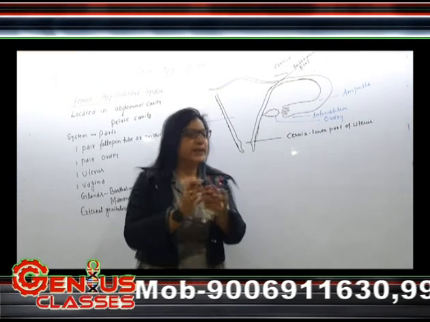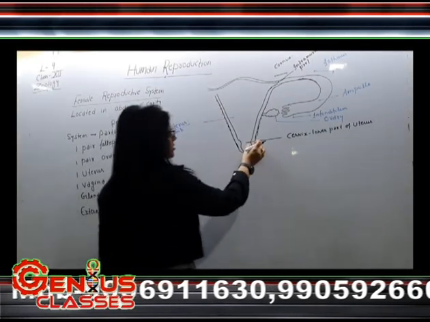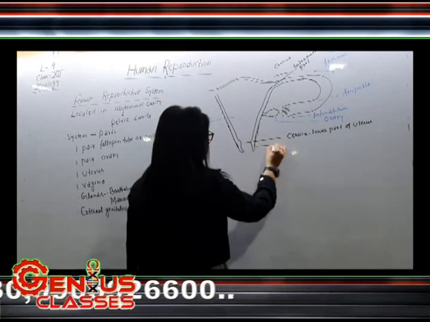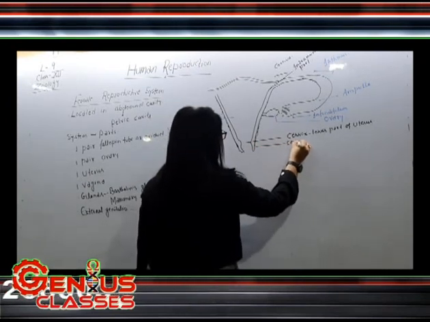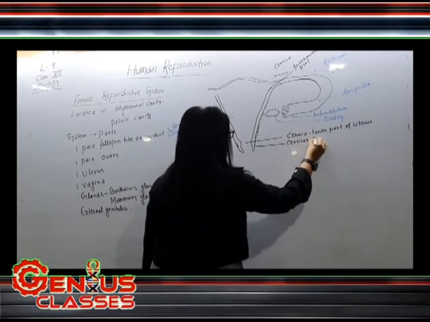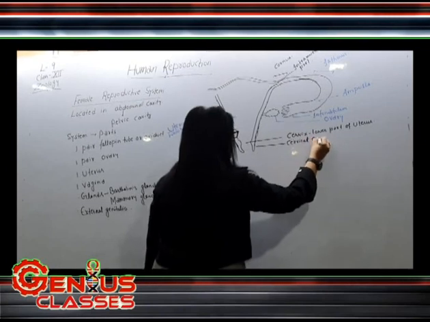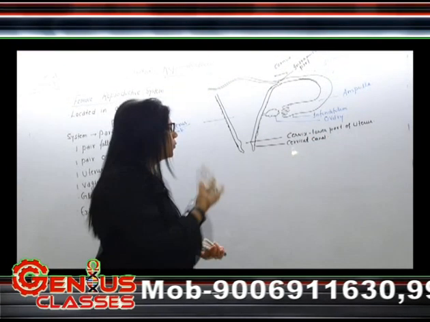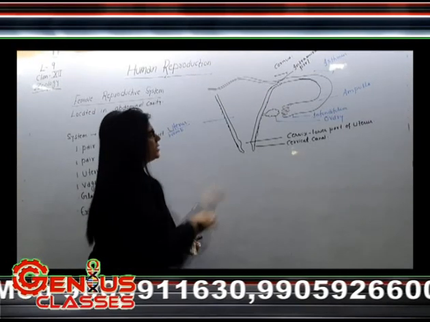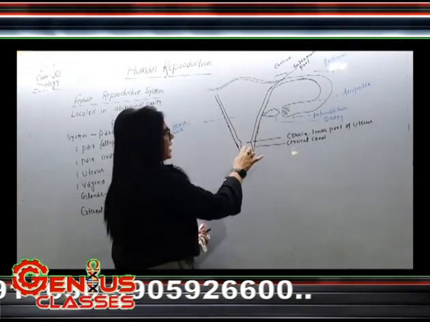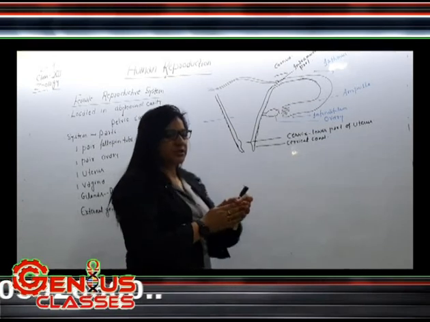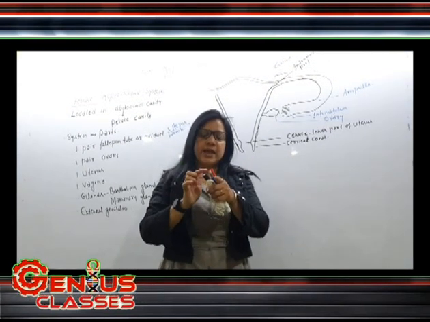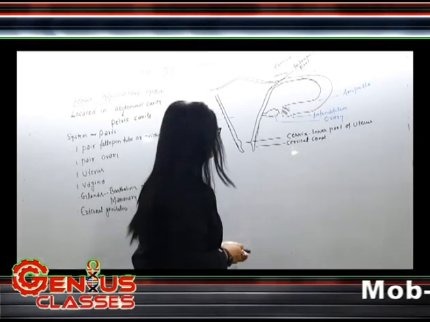This is a canal-like structure, and this is called the cervical canal. This cervix has two openings. One opening is towards the uterus and the other opening is facing the vagina.